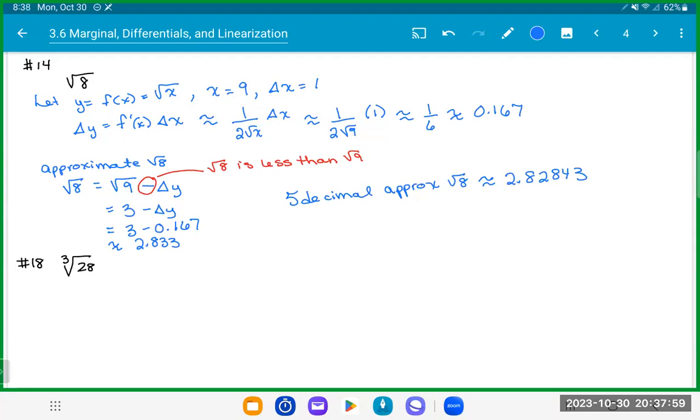We did an approximation of 2.833. If we had a calculator and took the square root of 8, we would get 2.82843. Very similar, right? But with this process, we may not always have a calculator that can do square roots, so we need to have a process that we can use to do those approximations without a calculator.